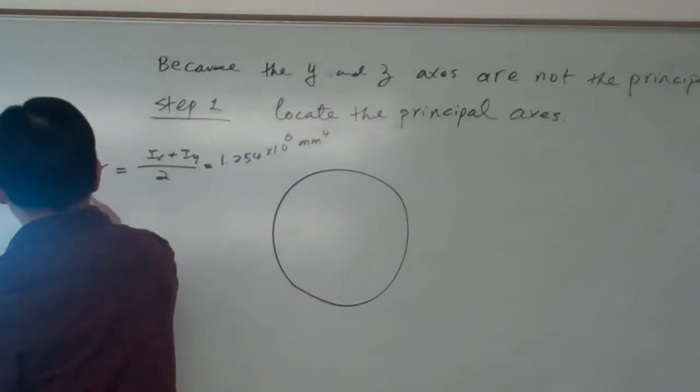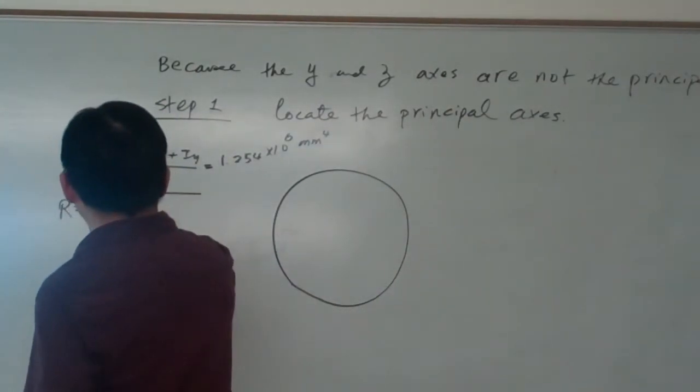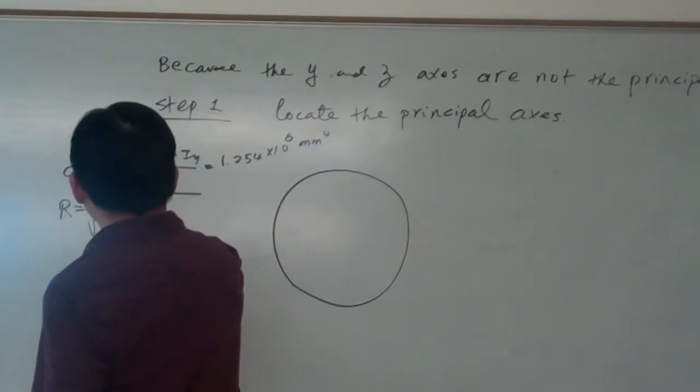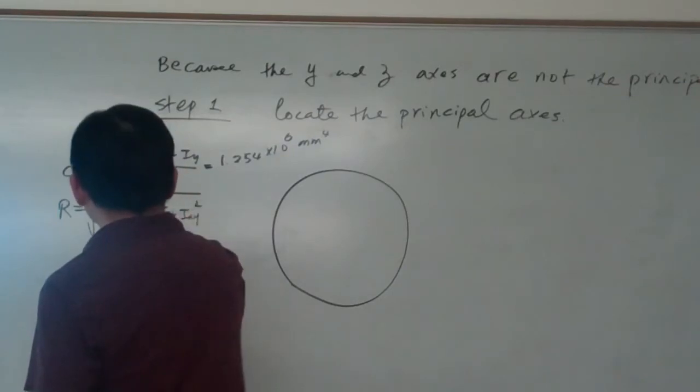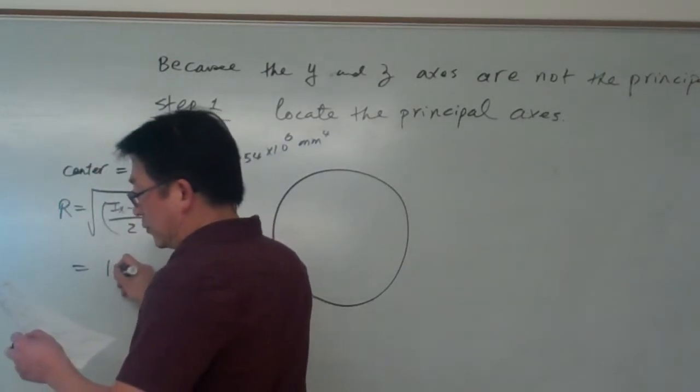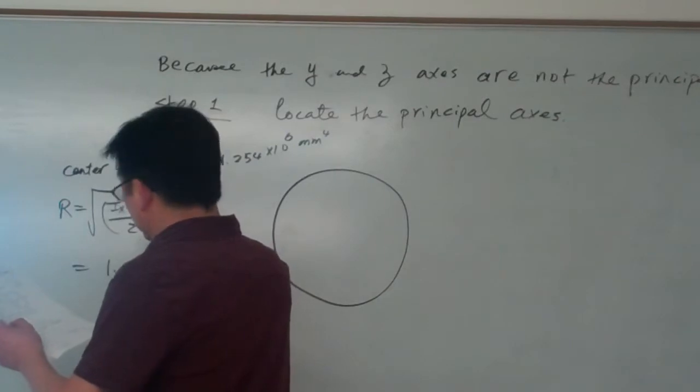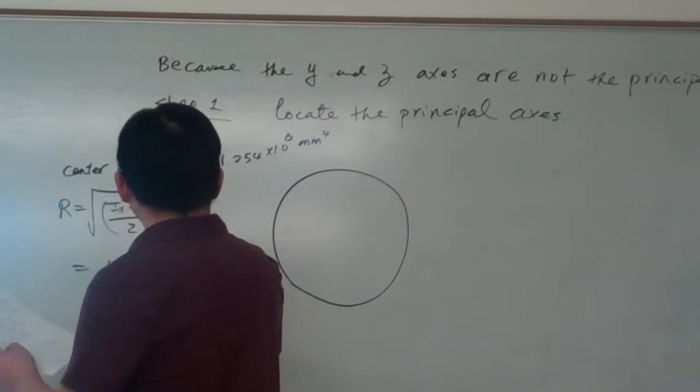And then we calculate R equal to the square root of ((Ix minus Iy)/2) squared plus Ixy squared. R calculation gives 1.0245.